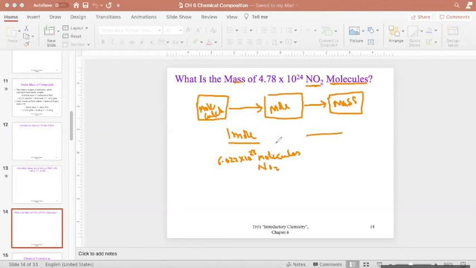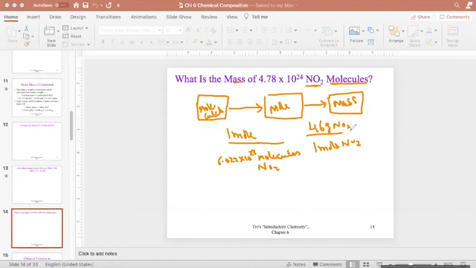Second conversion factor will be mass and mole. What's the relationship between mass and mole? So I can say 1 mole of NO2 is equal to 46 grams of NO2.